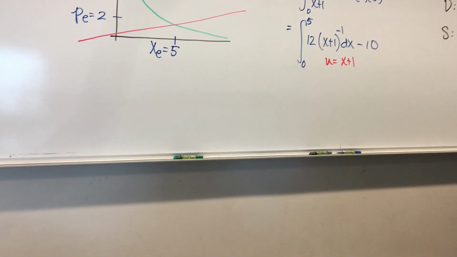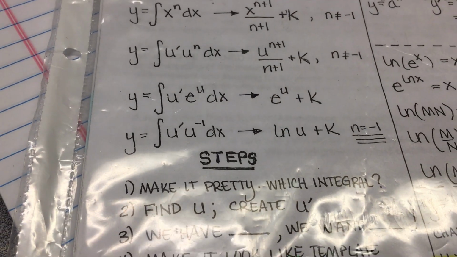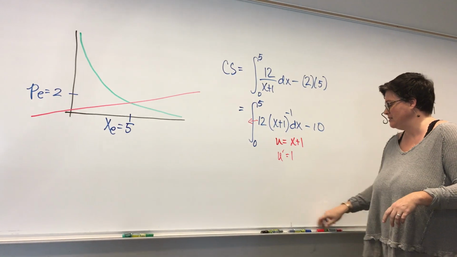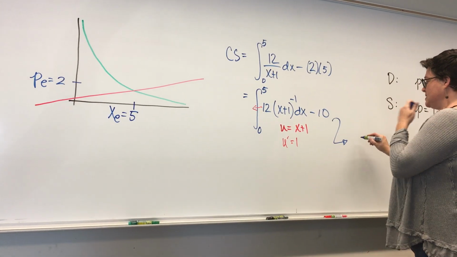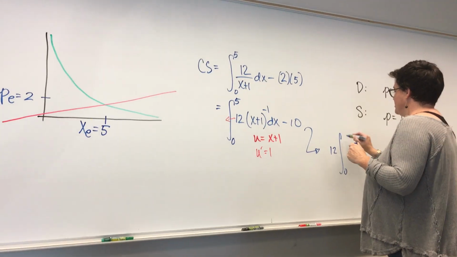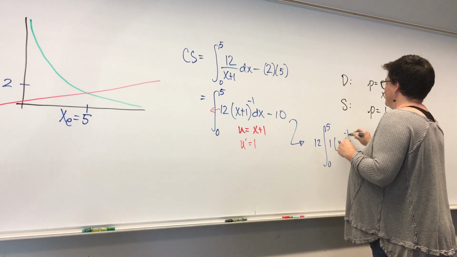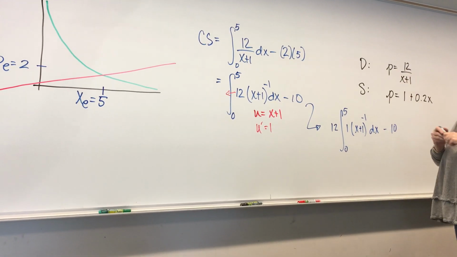What do we have? What do we want? So we have 12. We want 1. So if I kick the 12 out, will there be a 1 left over? Yeah, so let's do that. Let's just pop that right out of there. So I'm going to move this down a little bit. So I have 12 integral from 0 to 5 of 1 times x plus 1 to the -1st with respect to x minus 10.